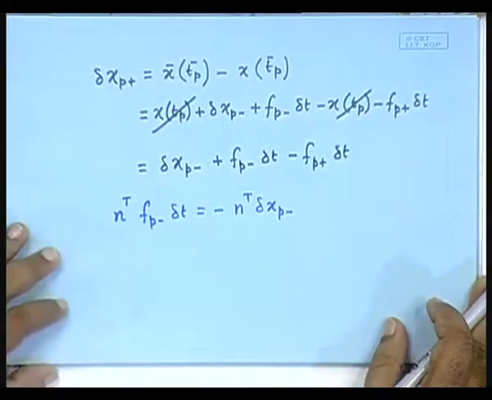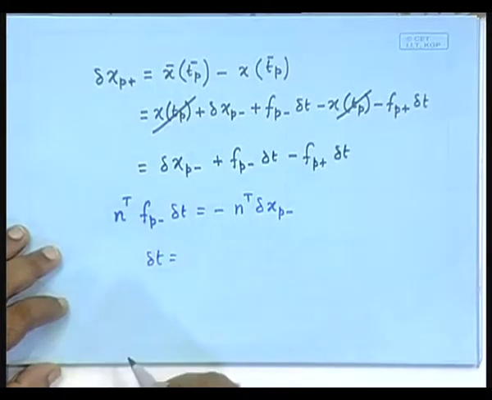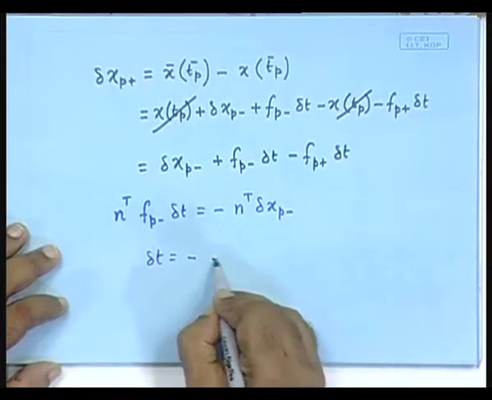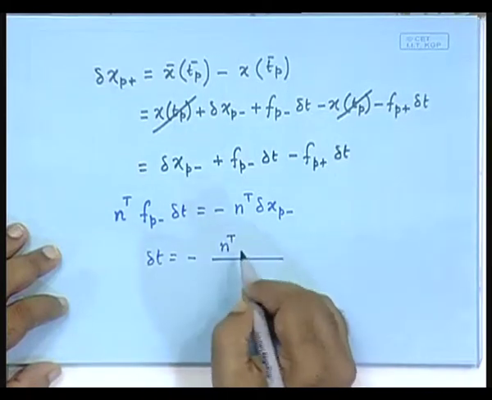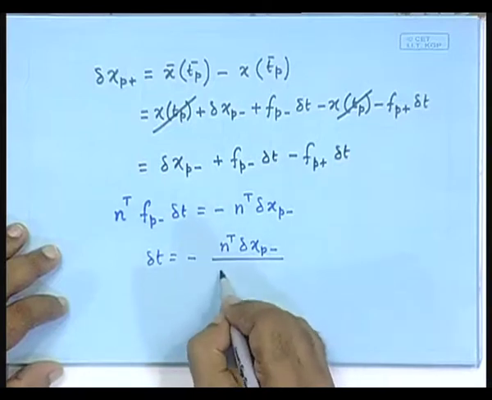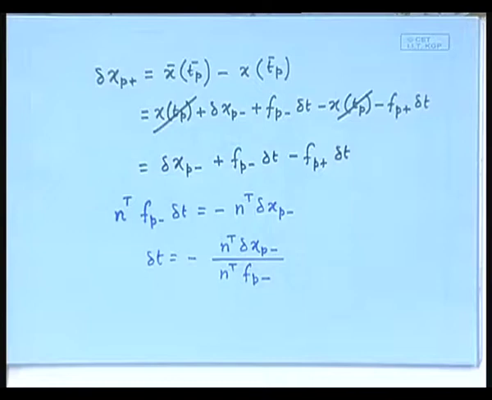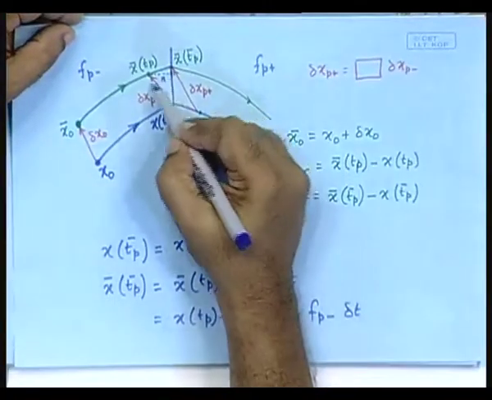So, at the end of the day, what have you? You have delta t expressed as minus n transpose delta x p minus divided by n transpose f p minus. Okay. So, this is the expression for the time taken, additional time taken by the perturbation to reach the switching manifold.